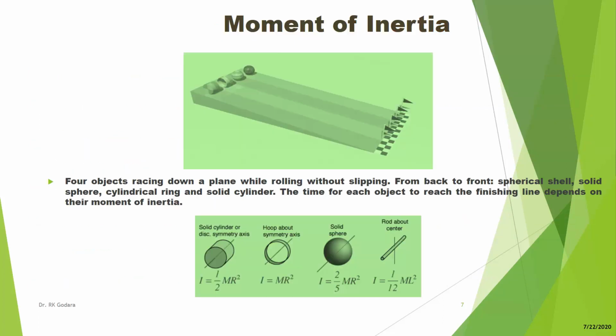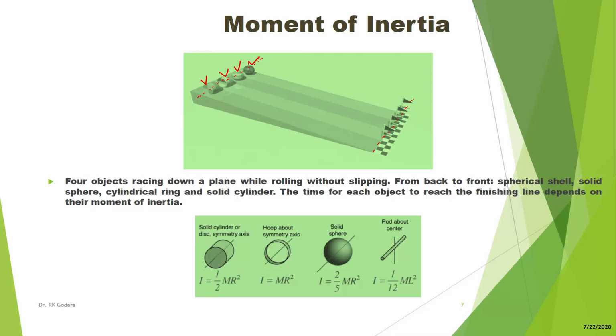Now if we take an example, if this is a spherical shell, this is a solid sphere, this is a ring and this is a solid cylinder, and we release them all from the same position on an inclined plane at the same time, who will reach first at this place?